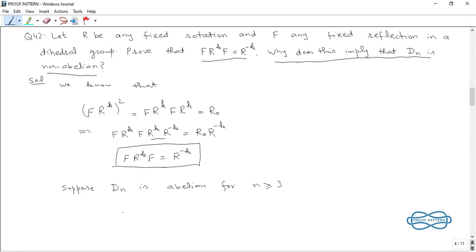Now if it is abelian, then f times the rotation with angle 360 over n will be equal to the rotation with angle 360 over n times f.